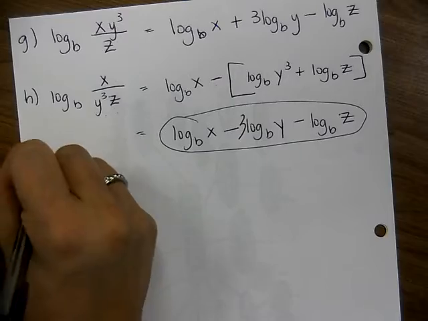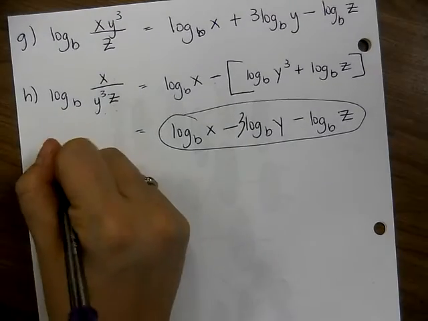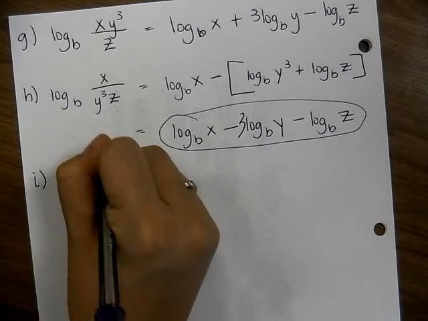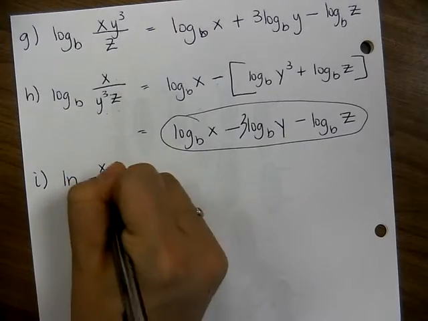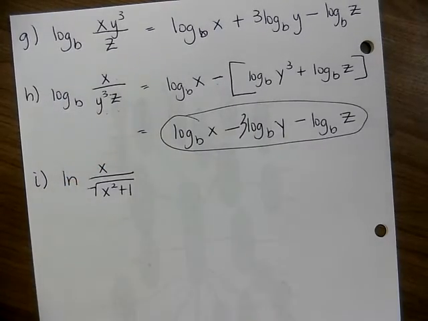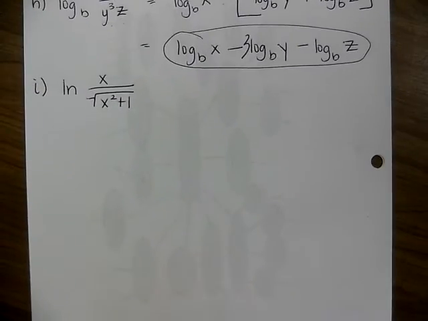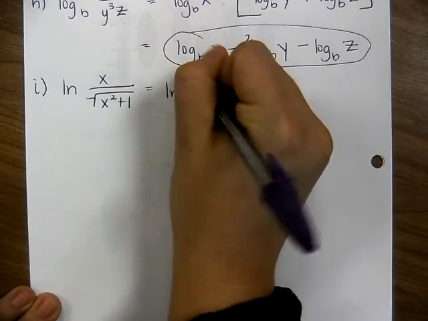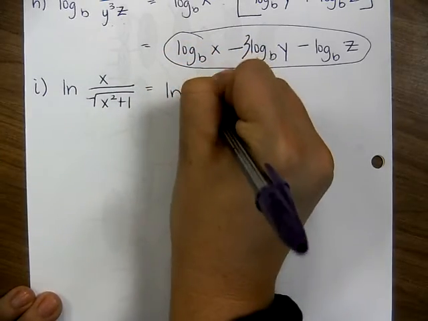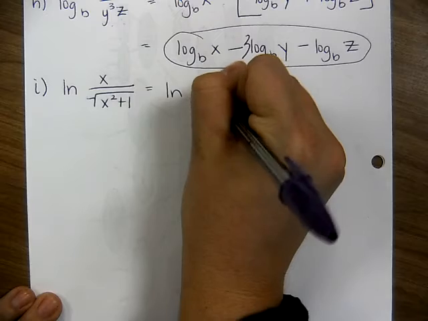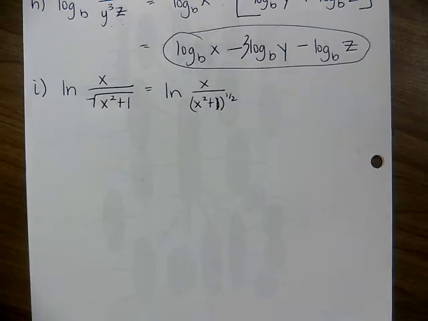Let's look at one more and then we'll go the other way. So let's say we had natural log of x over the square root of x squared plus 1. Now looking at this, do you agree I could write it as the natural log of x over x squared plus 1, raised to the 1/2 power?